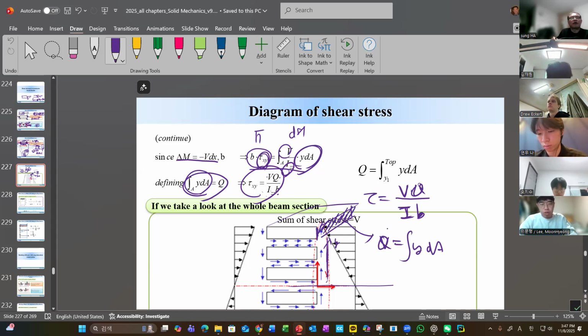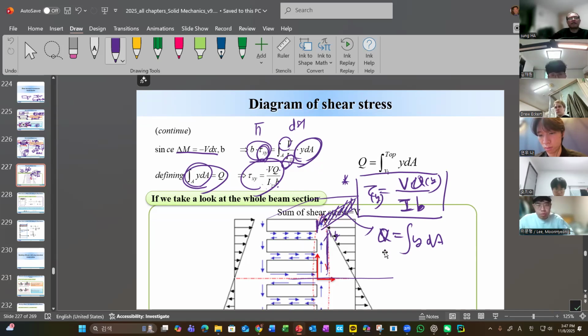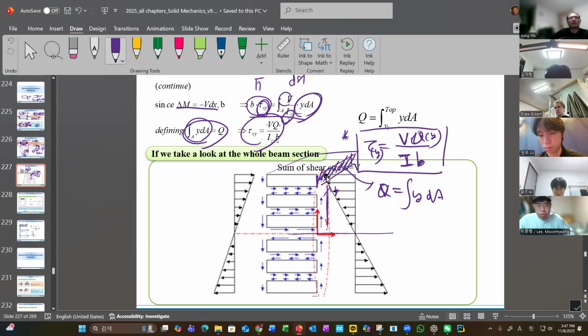Okay, so this tau is a function of y, and Q is a function of y. Now, this is the equation result. Well, this is the mathematical equation, but more importantly, let us understand it physically.